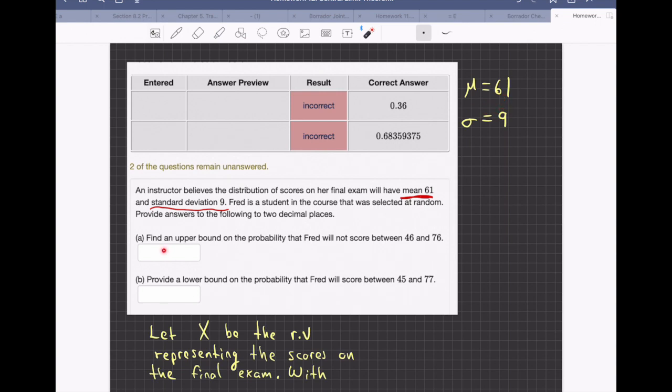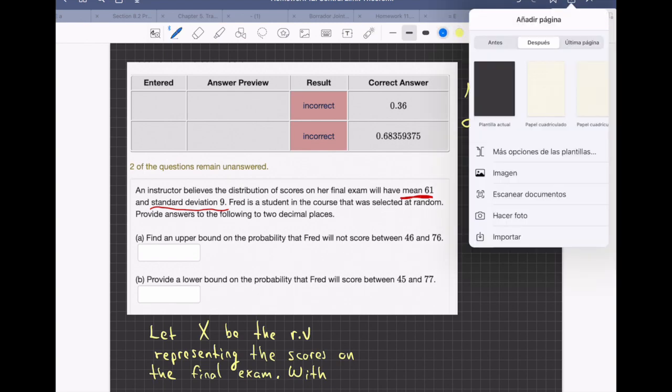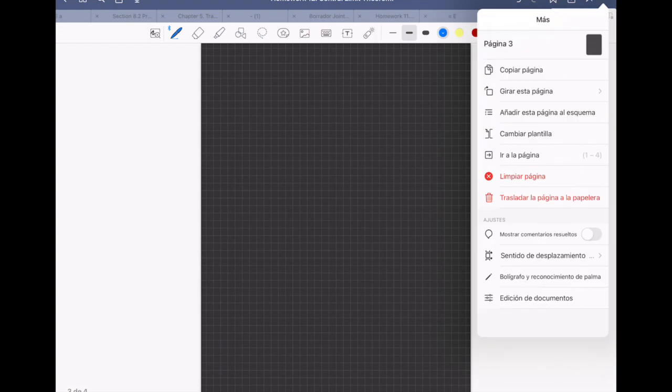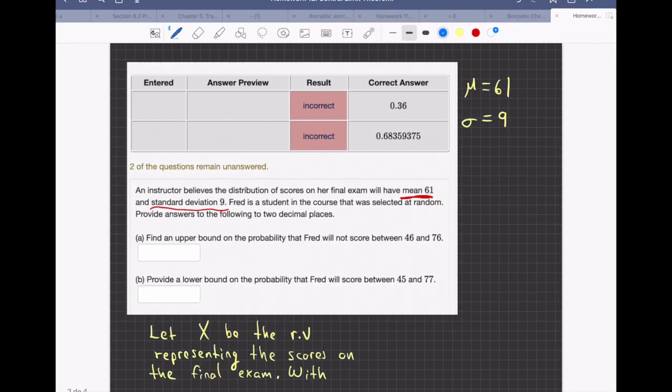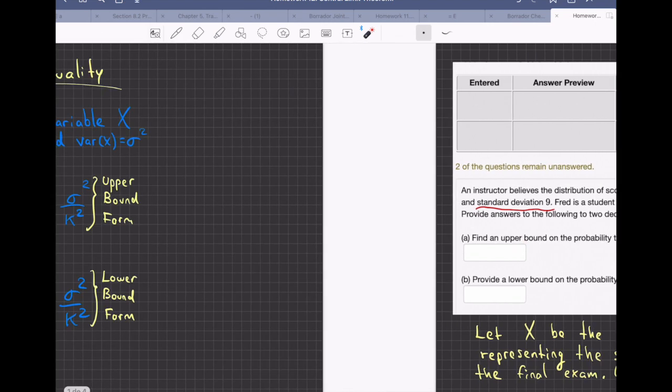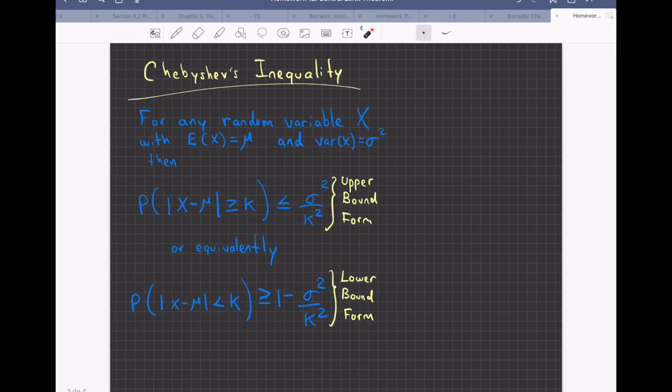Now, first it says find an upper bound on the probability that Fred will not score between 46 and 76. Will not score. So in this case, we have to use Chebyshev's theorem in the next way. First, we have to find an upper bound. So the form of the Chebyshev's inequality we're using is this one, upper bound.